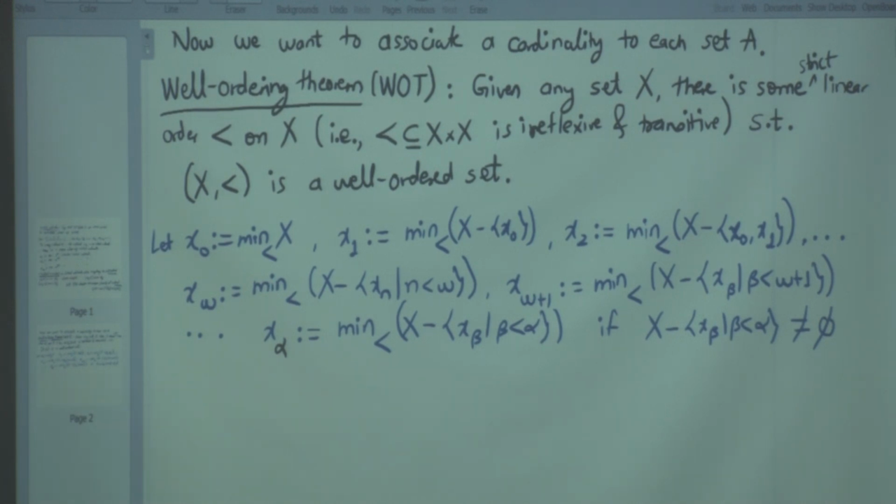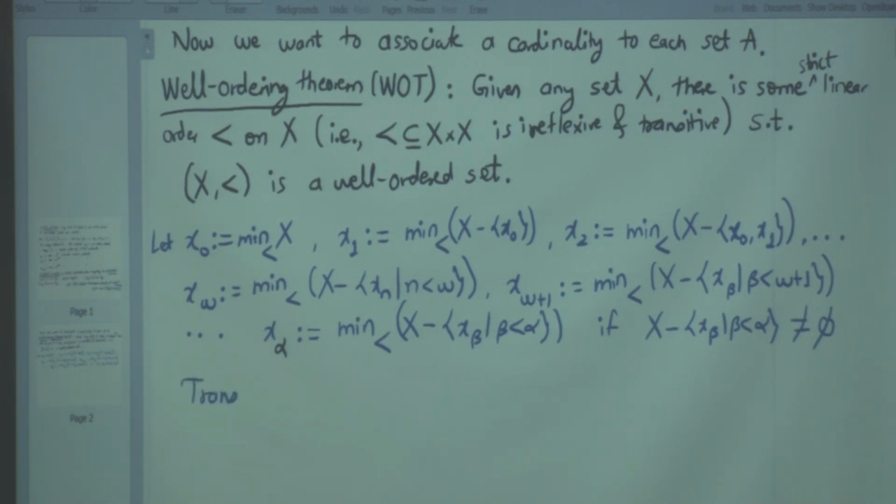So if I define the zeroth element and remove it, then I am left with a minimum again. If it is non-empty, then I can find the minimum. If I further remove that element, then again if it is non-empty, I can find the next element. So, understood this procedure?